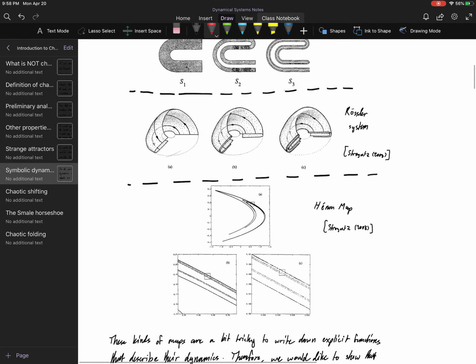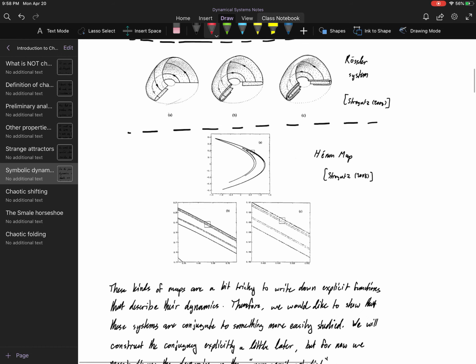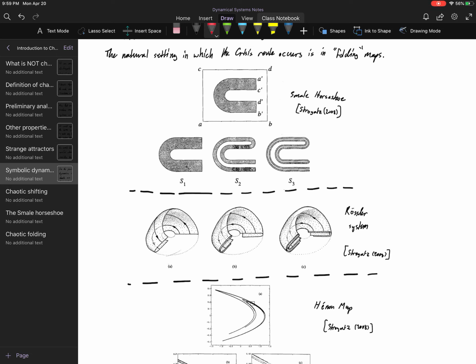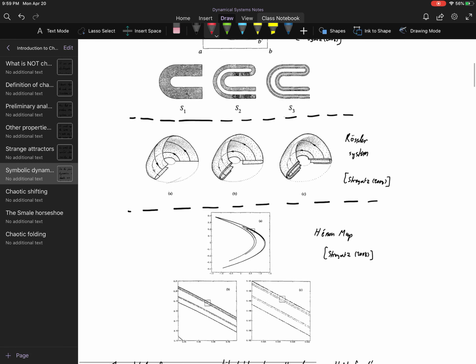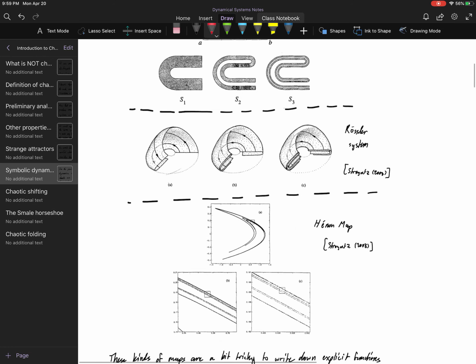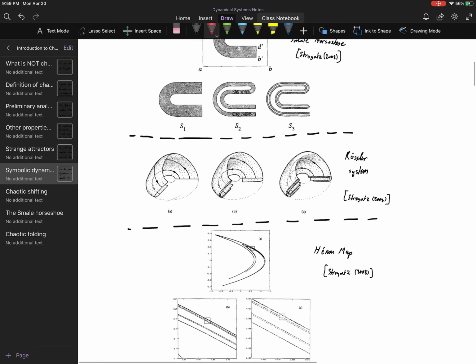And we also see what's known as the Henon attractor. Right, this is a sort of boomerang-looking map, but it's also going to fall under that regime of folding, that we're just going to iterate folding something over and over and over. Right, so this top one, Smale's horseshoe, falls into that realm of mathematical idle curiosity, but the Rössler system and the Henon map actually do show up as describing these kinds of systems.